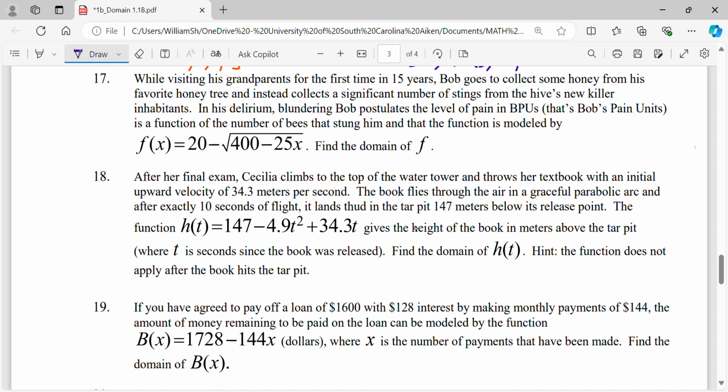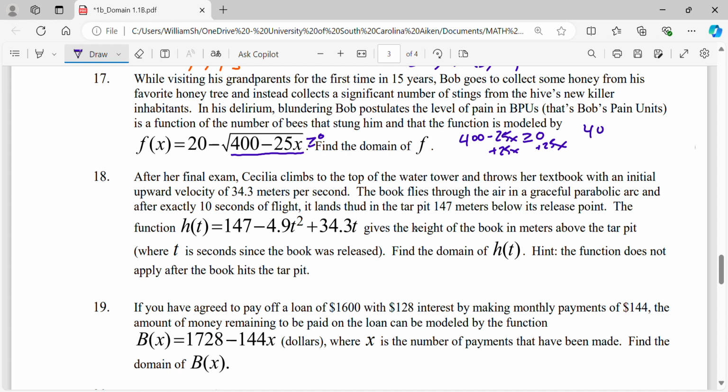Okay, the domain here, the only thing we need to worry about with the actual function itself is that this needs to be greater than or equal to 0. So if I have 400 minus 25x is greater than or equal to 0, I can solve for x by adding 25x to both sides, getting it by itself.